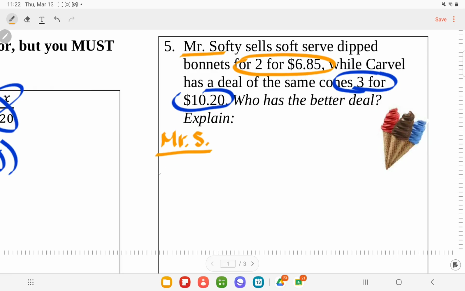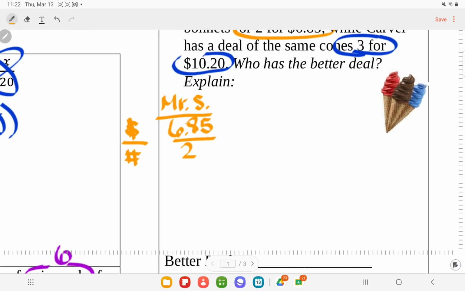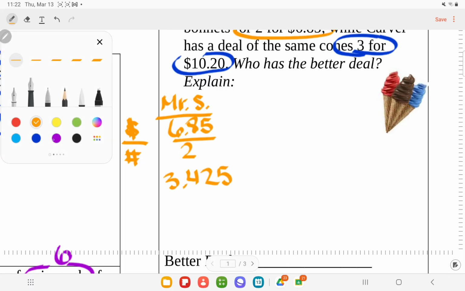We're going to find the unit price on this, and remember what we did before, that's the cost over the number of items you're getting for that. So we're going to put 6.85 divided by 2, put that right in your calculator, and you'll get 3.425. Remember, we're talking about money here. This doesn't look like money, we got to round it.